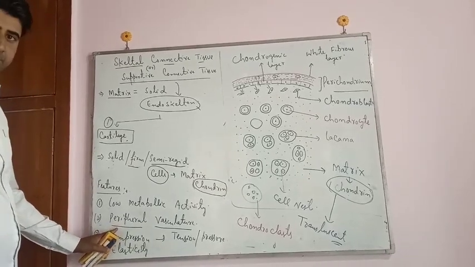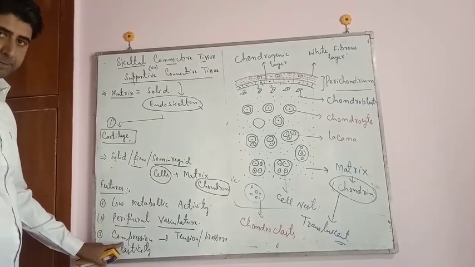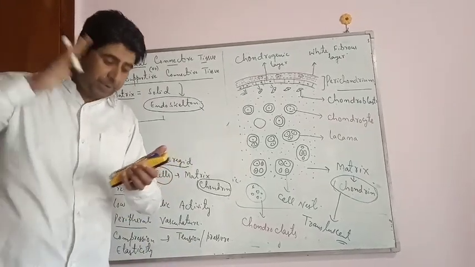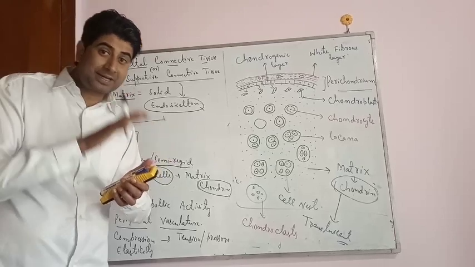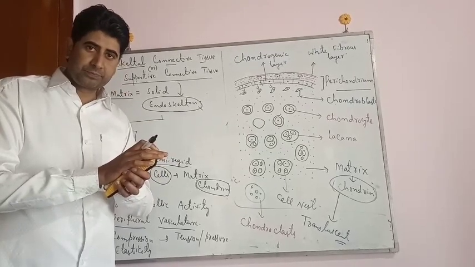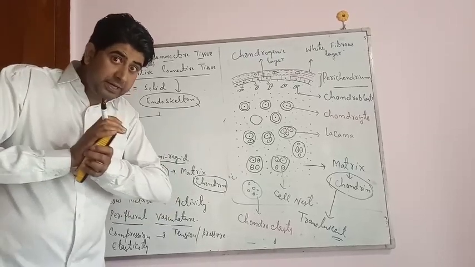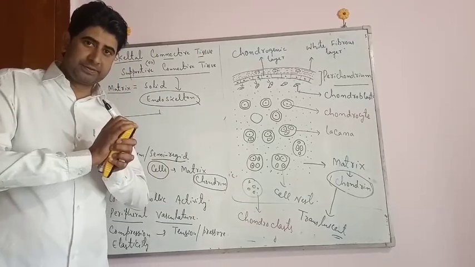this cartilage shows compression upon the tension या upon pressure. Means जब हम इस पे pressure डालते हैं, they get compressed, just like the rubber band. जब हम उसको press करते हैं, that gets compressed.